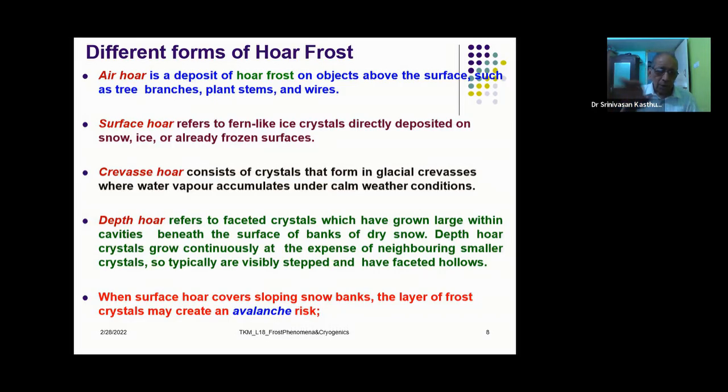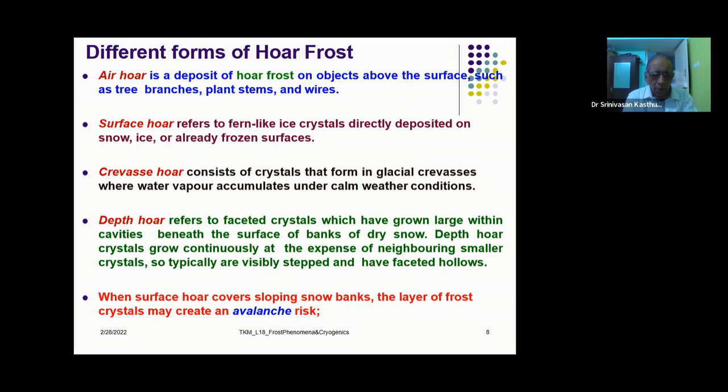Then there is crevasse hoar, which consists of ice crystals that form in glacial crevasses where water vapor accumulates under calm weather conditions.